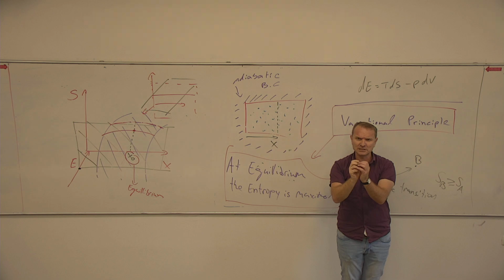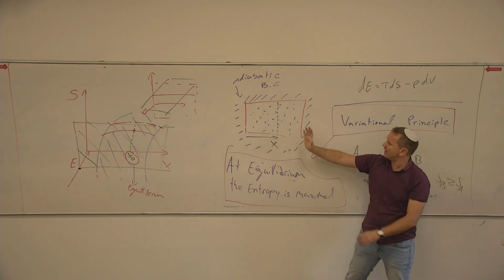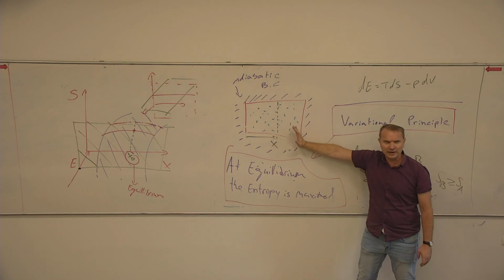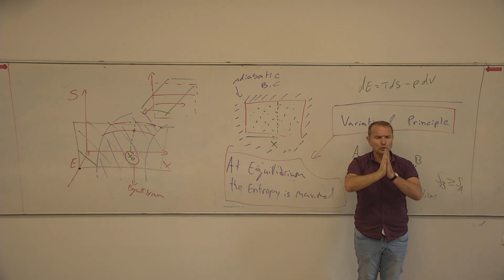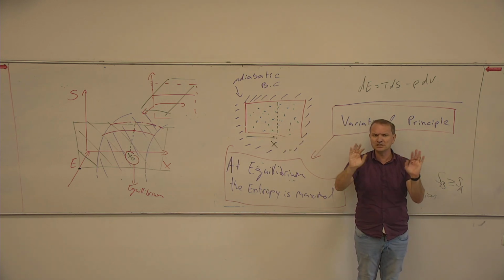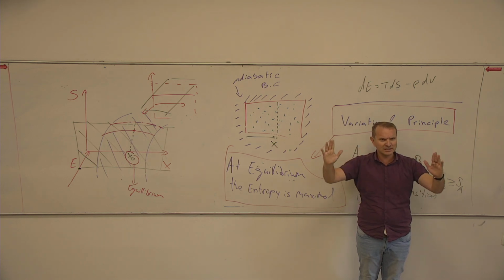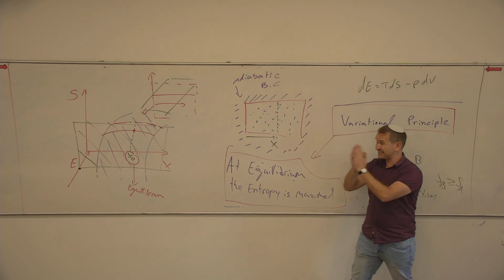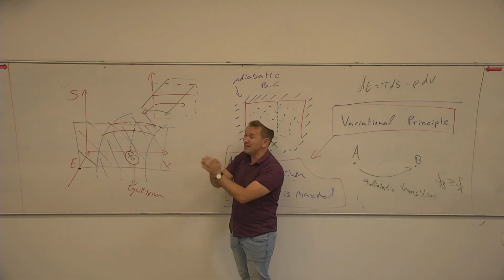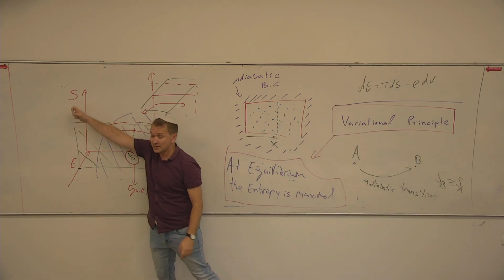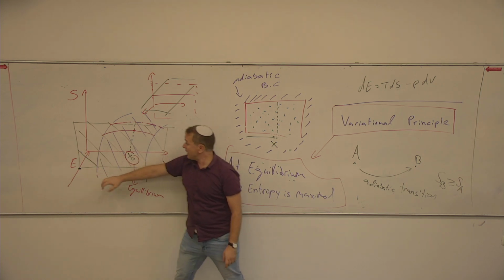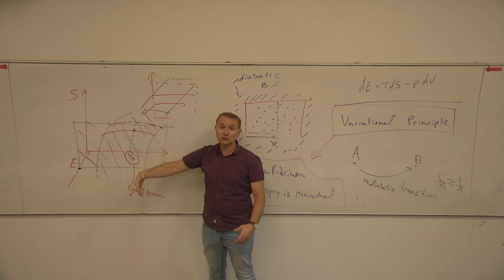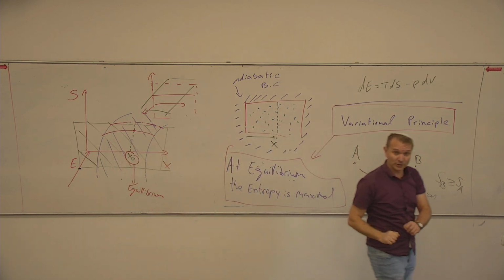If I push my system a little bit to the left or a little to the right, eventually the system has to return to its original point. This is what equilibrium is about. You leave the system on its own, it reaches equilibrium, right? Now, this means something about how S depends on E, and how exactly this manifold that I haven't managed to draw properly looks like. I will discuss it later, okay?